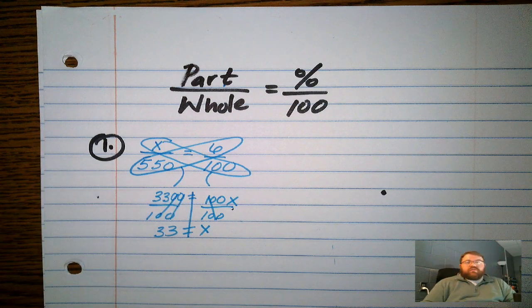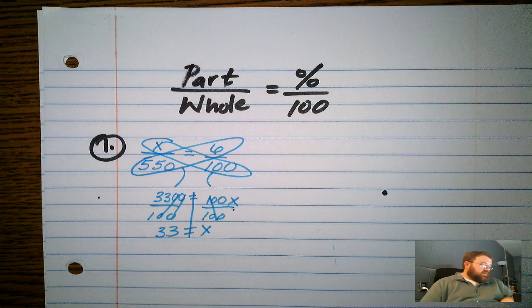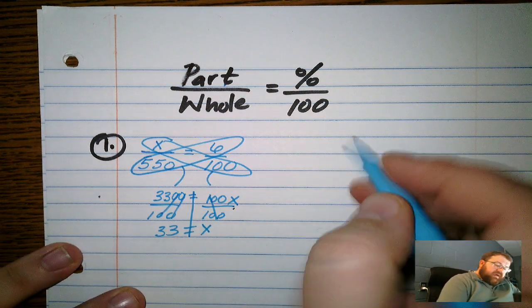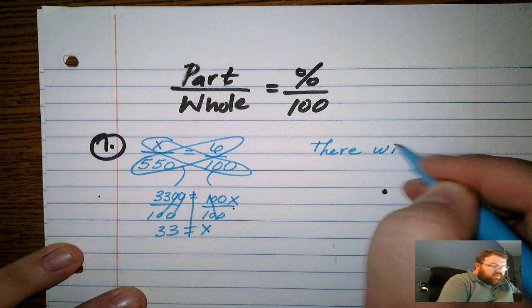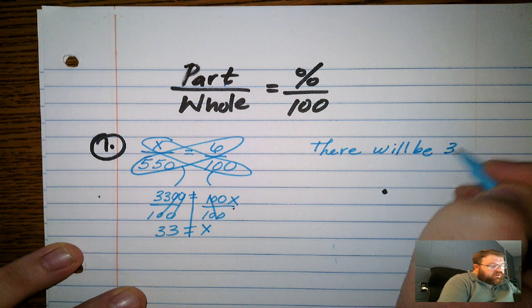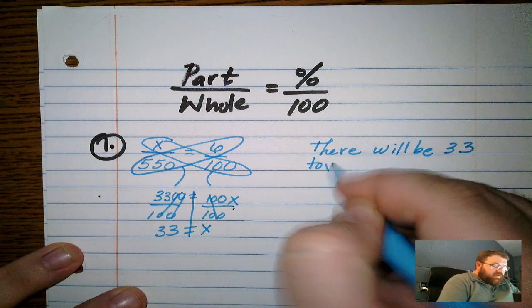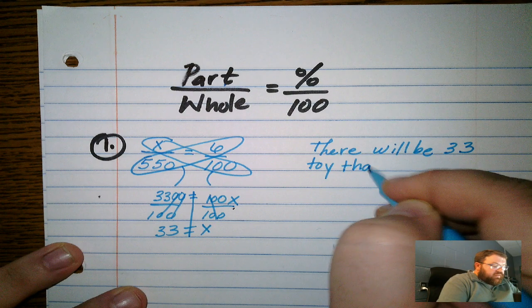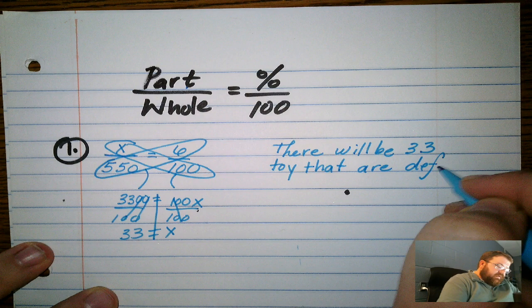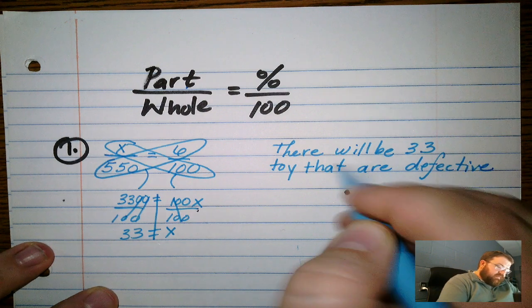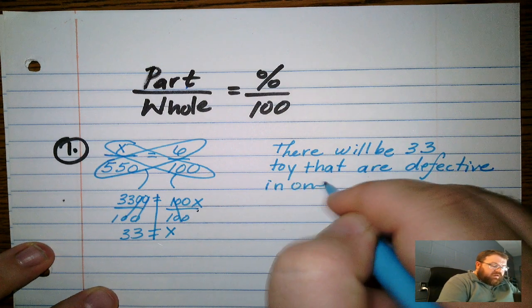Now, I want you to write a sentence that explains what this 33 means. So for this first example, I'm going to do it with you, but for the others, you're going to need to do this on your own. So for number 1, the 33 means there will be 33 toys that are defective in one day.